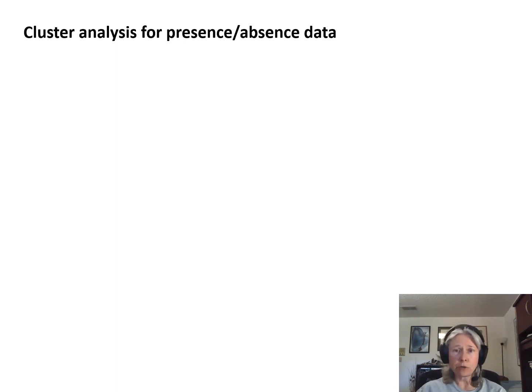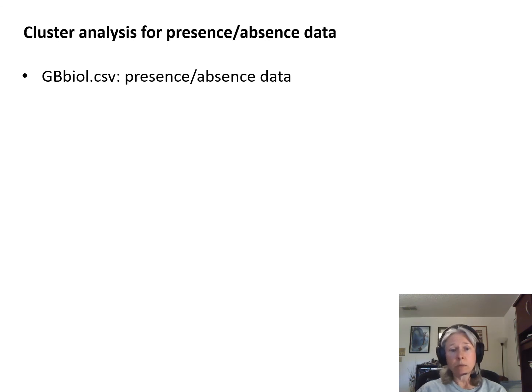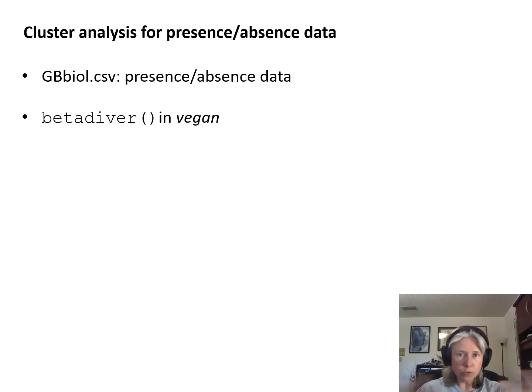If you need to refresh your memory on how beta diversity quantifies similarity across sites, then go back and read the diversity indices notes. So GB BIOL is a presence-absence data set, and you can use the command beta diver in vegan to get your beta diversity values, as opposed to Bray-Curtis and so forth.